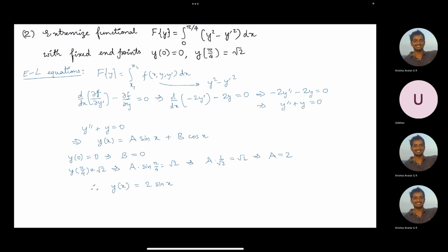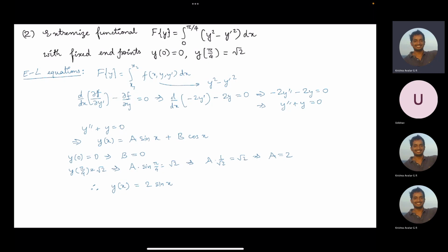Now we again compare our functional with the standard functional, which is given as F of y equal to the integral from x1 to x2 of f of x, y, y prime dx. Comparing, we have f is equal to y squared minus y prime squared.